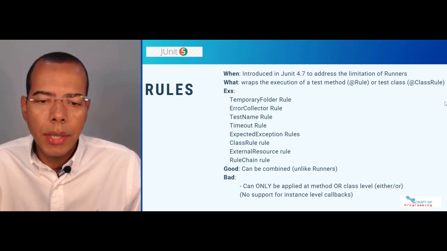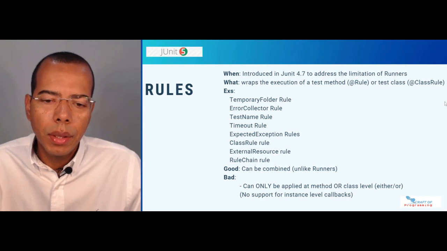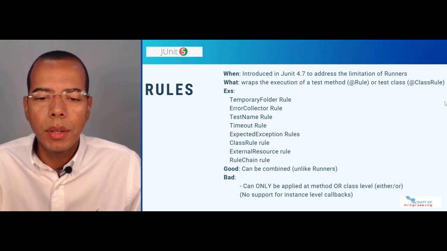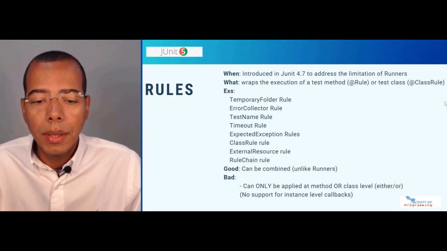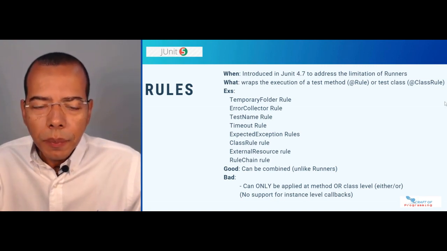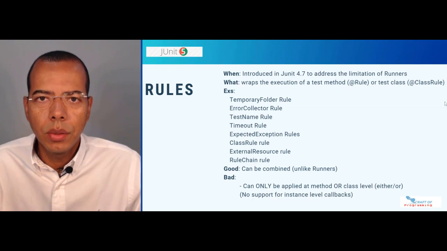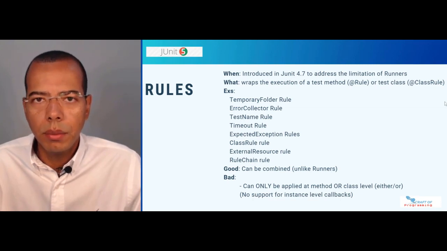JUnit 4.7 introduced the TemporaryFolder rule, ErrorCollector rule, TestName, Timeout, ExpectedException, ClassRule, ExternalResource rule, and RuleChain. And these are covered in this course. I have a lesson on rules.